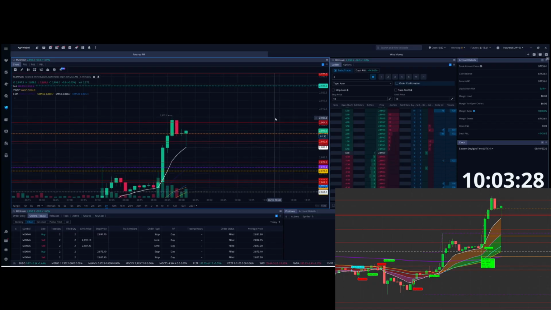And like that, we came down, hit the 9, and now we're pushing off of it. I'm gonna wait for this candle to close before I get back in. I don't like for it to go up and close above this level.